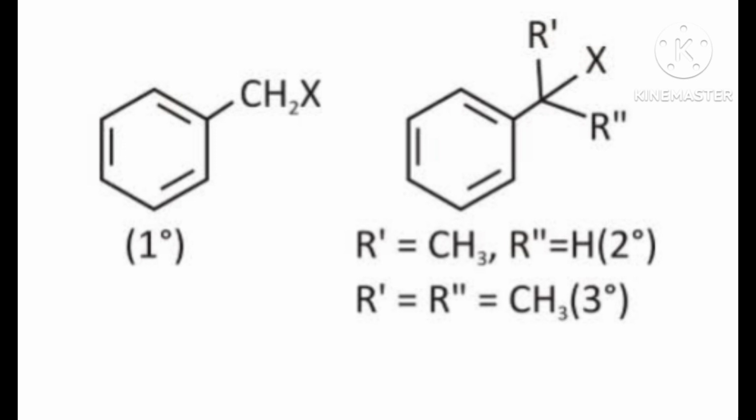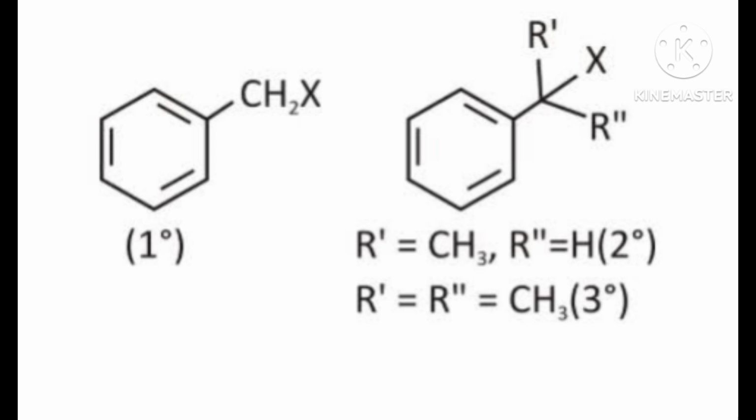Now in the methyl group, 3 hydrogens are there. This carbon, CH3 and one bond, total 4 is used up. This carbon is also sp3 hybridized.